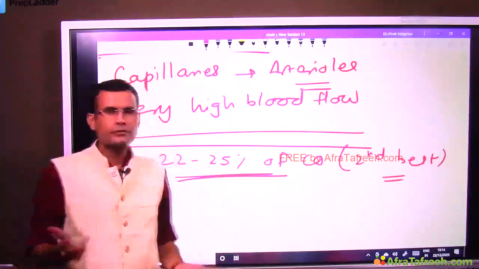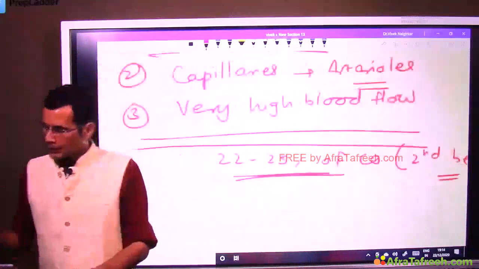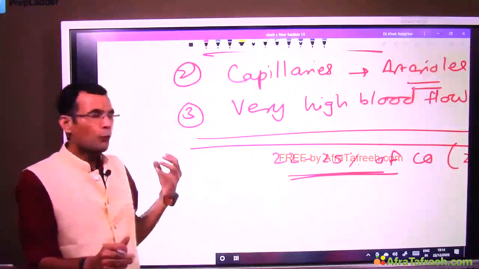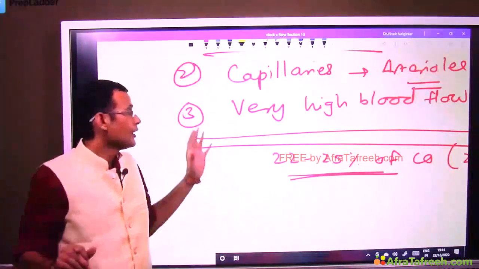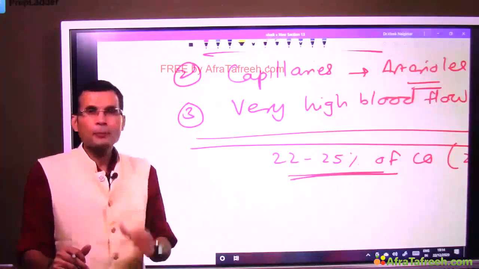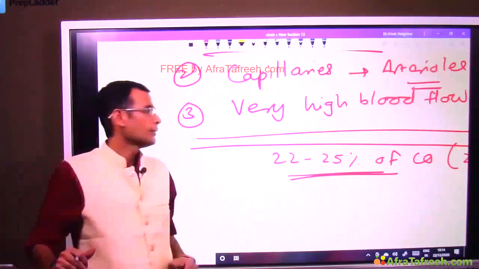Highest is the liver. We've seen that already. Liver is 25 to 27% of the cardiac output. But kidney weighs only 1 to 2% of the body and it receives 25% of the cardiac output. So it's a disproportionately high fraction of the cardiac output, right?